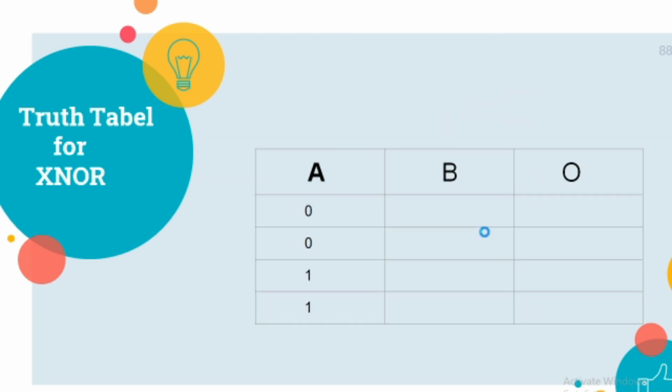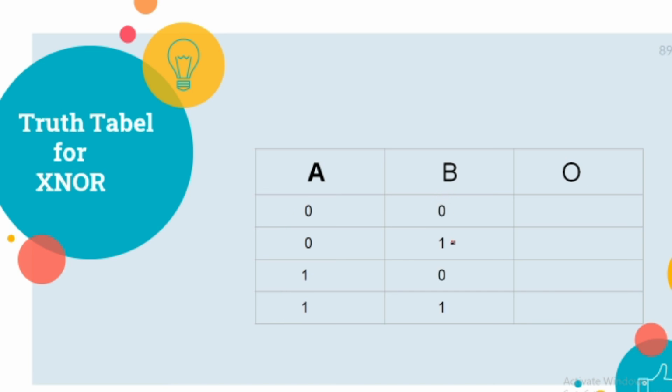Now move forward towards the truth table. In case of XNOR, we put our inputs in the same way as we have done in the previous cases. Firstly we will put 2 times 0, then 2 times 1. For the B input, firstly we will put 0, then 1, then 0 and then 1. Now let's discuss its output.